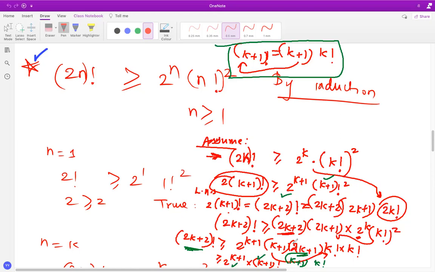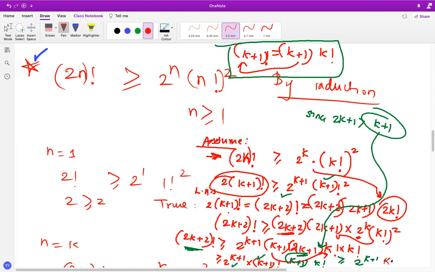That's why I replaced 2k plus 1 with k plus 1, and you have to say that since 2k plus 1 is bigger than k plus 1, I can replace this 2k plus 1 with k plus 1. This results in the final answer, which is (2^(k+1) × (k+1)!) the whole square.